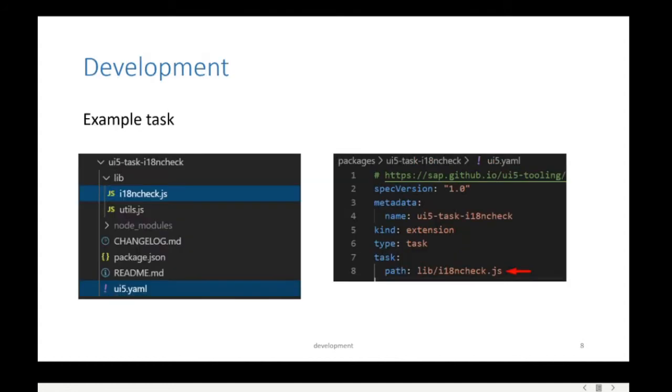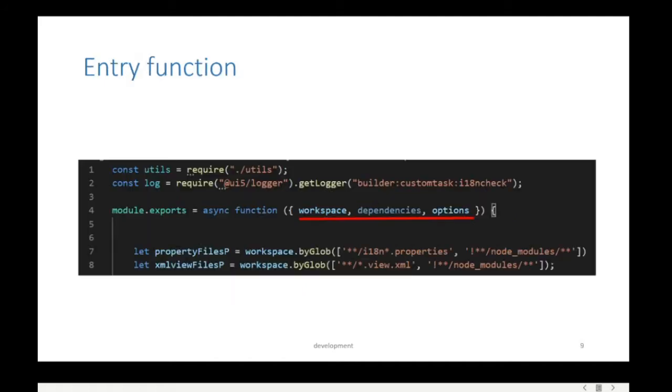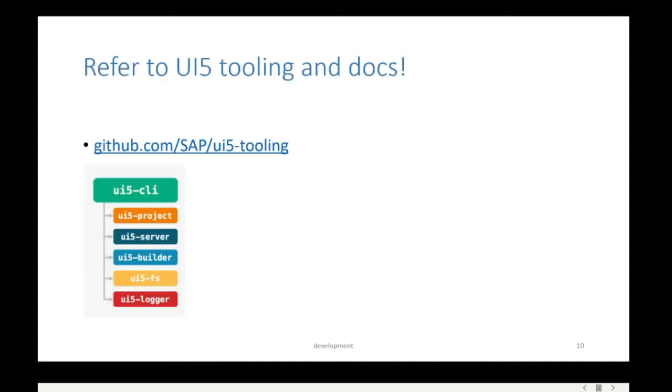This is the i18nCheck.js file itself. You can see there's a function. It contains workspace, dependencies, and options. I haven't used dependencies, but workspace and options are very common. Here you should also refer to the UI5 tooling documentation. I will come to this. For example, logger is here.